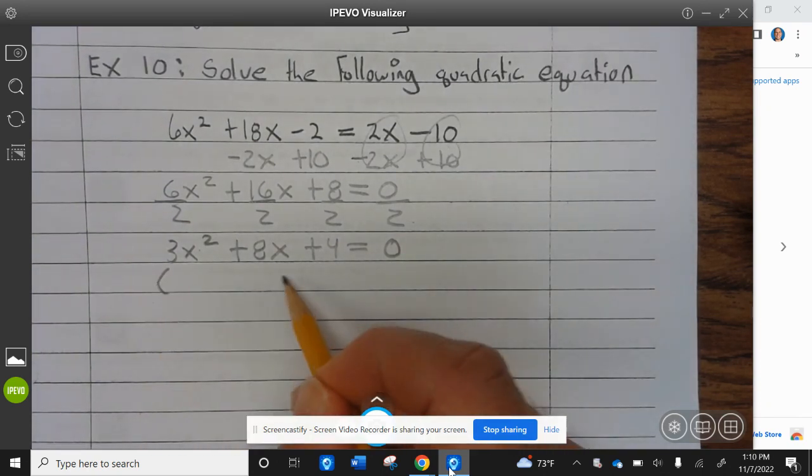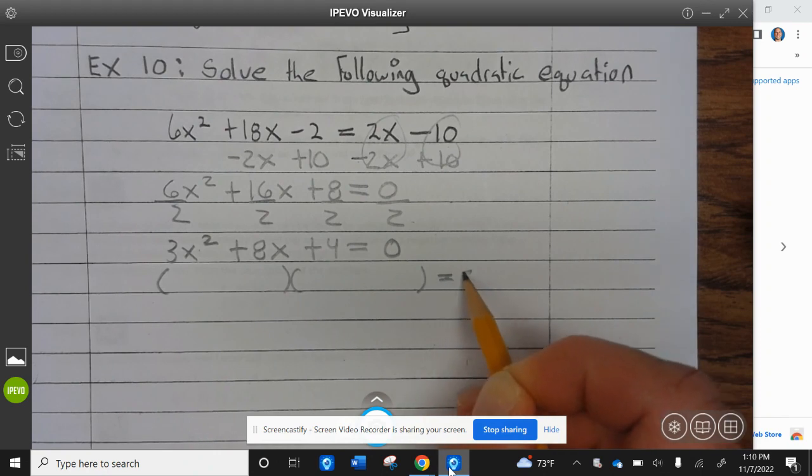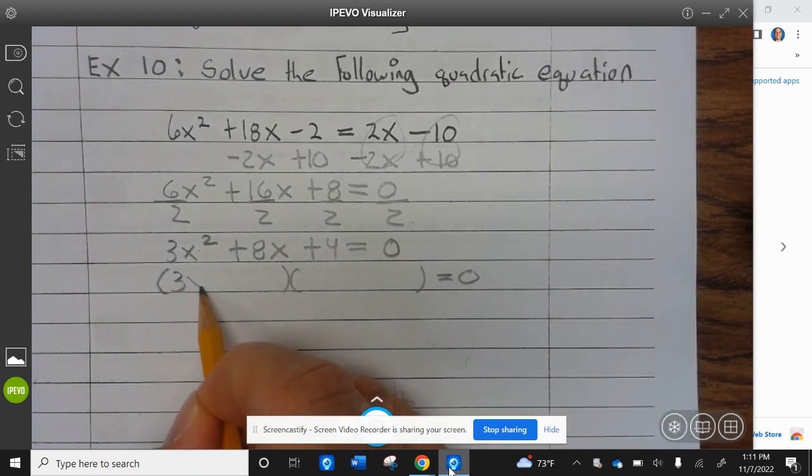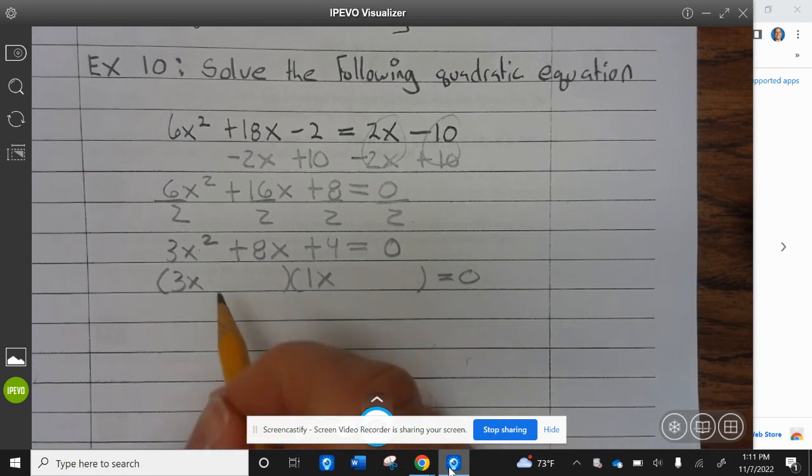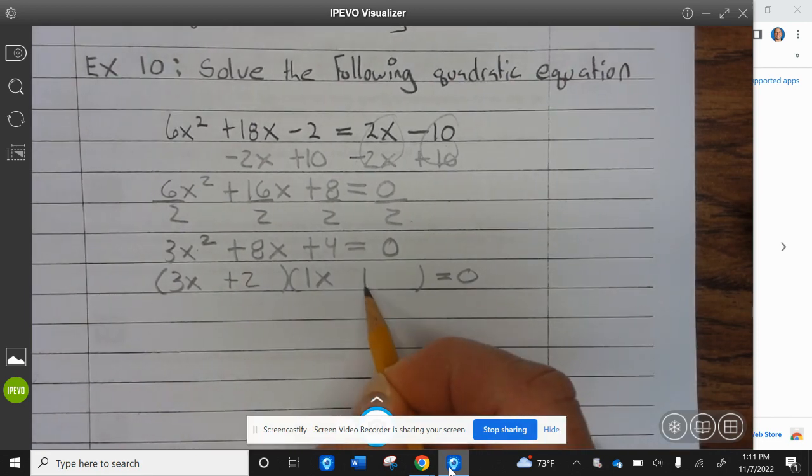Now, two parentheses. Now, to get 3x squared, that's 3x times 1x. All right, and to get 4, let's do plus 2 plus 2.